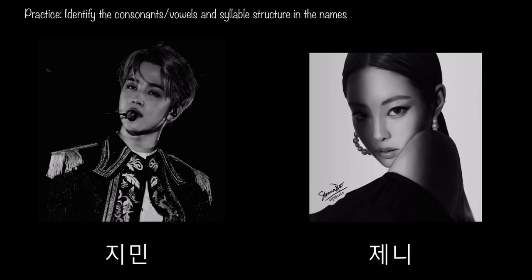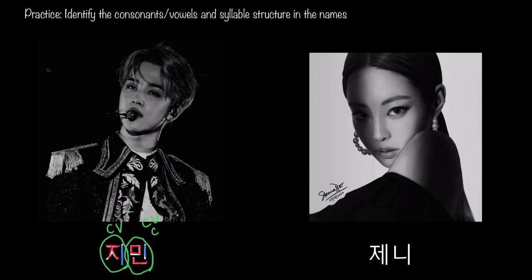We have Jimin, and let's identify the consonants here. This is a consonant. This is a consonant. This is a consonant, right? And the vowels are right here. So this is a very basic consonant-vowel syllable. And this is a more complicated syllable with consonant, vowel, followed by a consonant at the bottom.